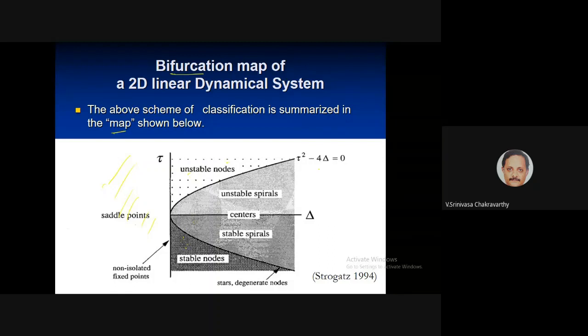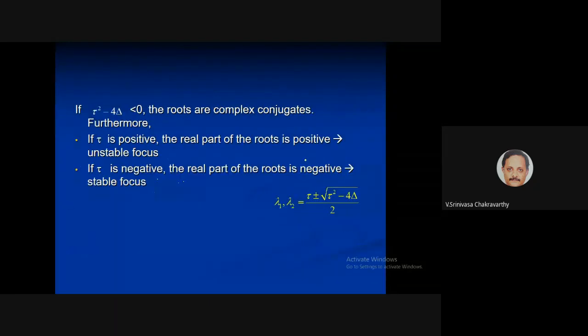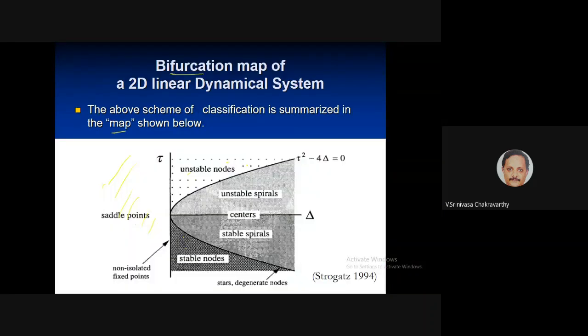Now, if tau square minus 4 delta is less than 0, then you have complex roots or complex eigenvalues. Then if tau is negative, you have a stable focus, that is this, or stable spiral. The focus is also called a spiral, right? Spiral is the same as focus. And similarly when tau is positive, you have unstable spiral.